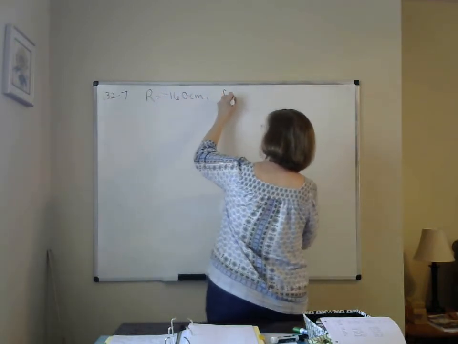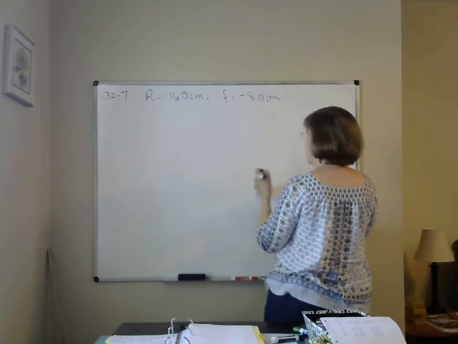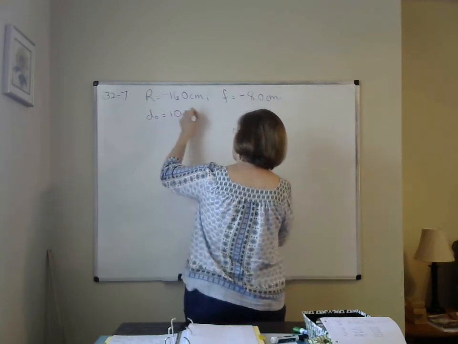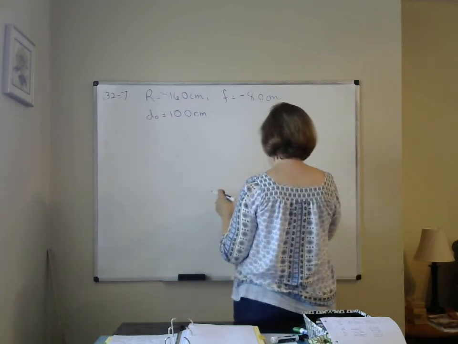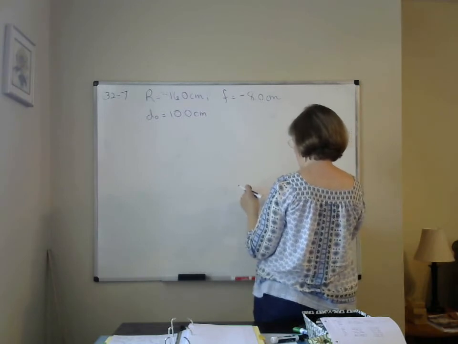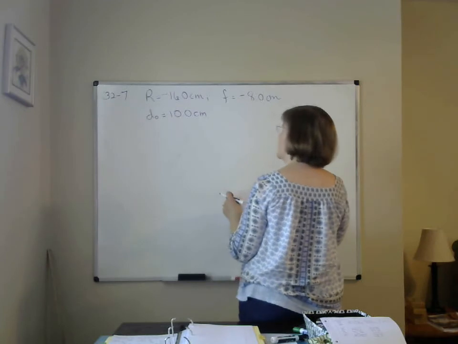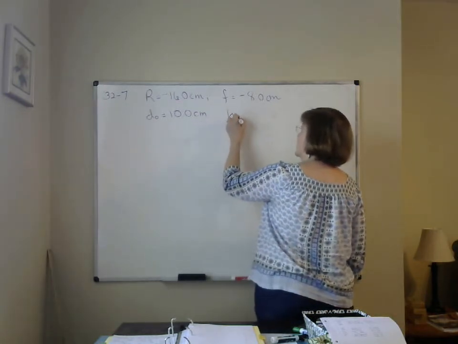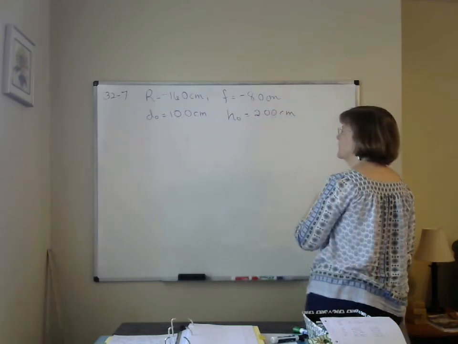That means our focal length is negative 8 centimeters. The object is 10 centimeters in front of the mirror, and the object's height is not given in the example, so we'll make up the height. We'll say that the object has a height of 2 centimeters.